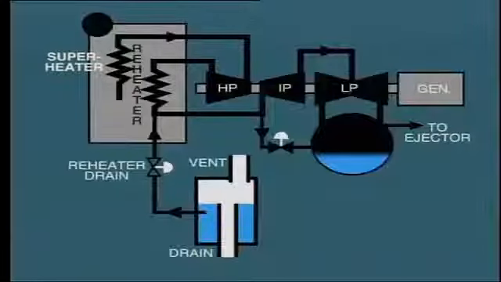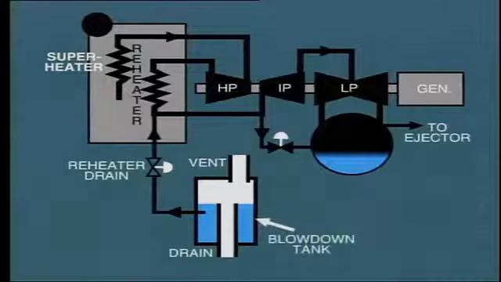A representative example is shown here. In this arrangement, the reheater drains are piped to enter a blowdown tank below the water level. But remember, during startup, the reheater and associated pipework is under vacuum, forming part of the steam path through the turbine.